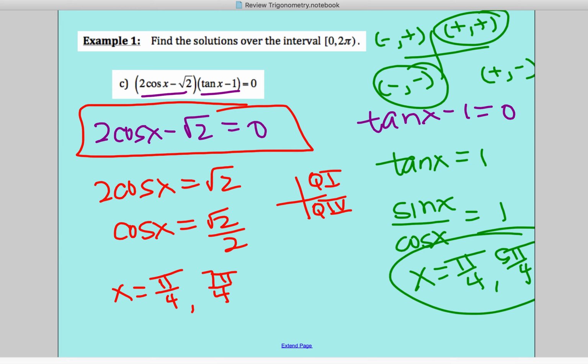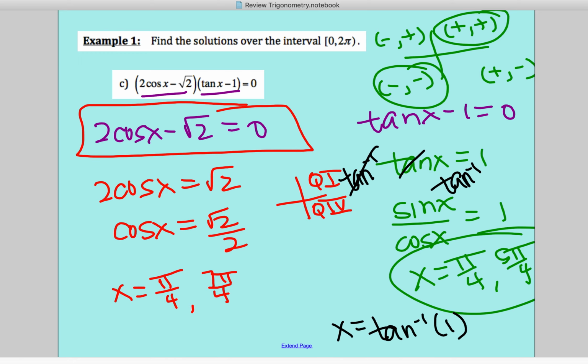The other way might be easier for you if you don't feel comfortable with logically thinking it through. You can always use your calculator. In order to solve for an angle on my calculator, we always go tangent inverse on both sides, because the tangent inverse and tangent cancel. So I need to type in my calculator tangent inverse of 1.